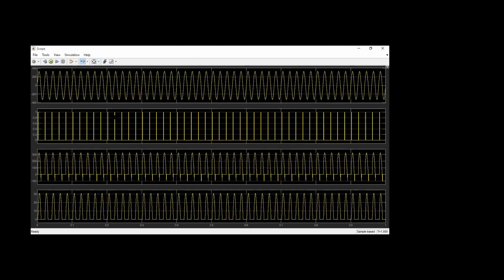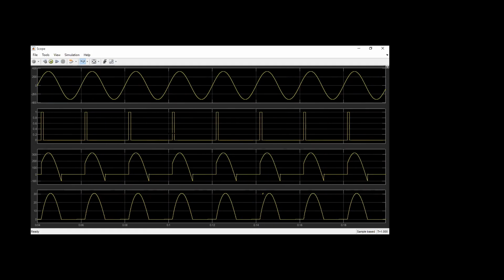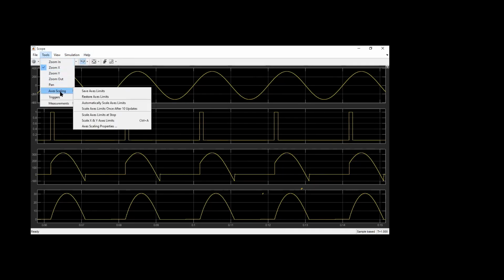Fine. Now you have this waveform. A few members use the snipping tool, but you should not use the snipping tool. Try to understand: when you do any research or project work, you should go to the tools. Go to file or axes scaling or axes properties.